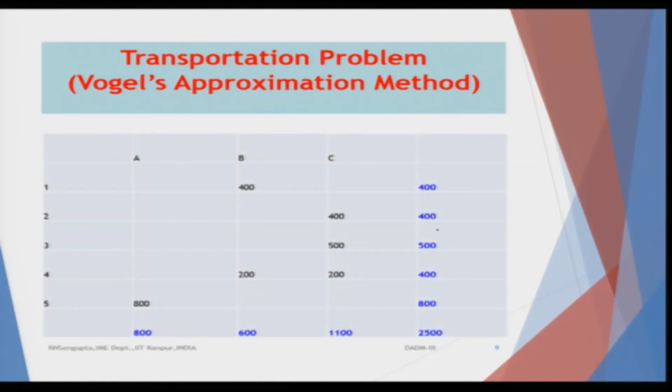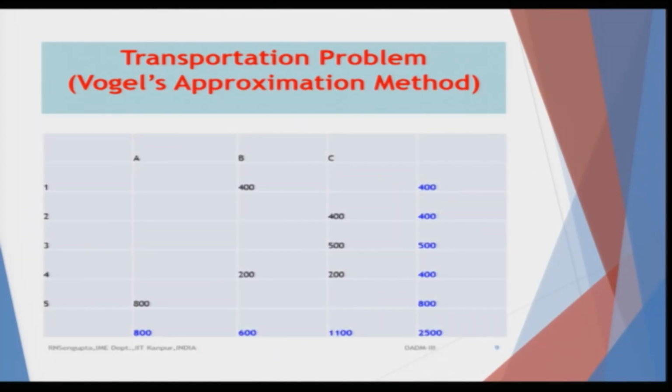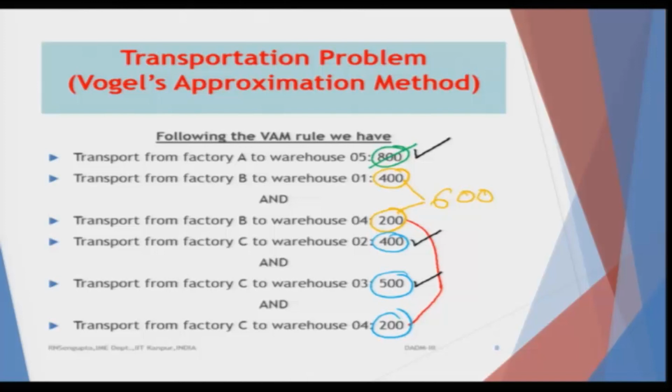These are the minimum costs, and I will come back to the cost structure again so you will understand it. 3 had 500, so it has already been exhausted. The last one was 4, which was 200 plus 200, which is 400, already done, and the values of 5 are already taken care of.